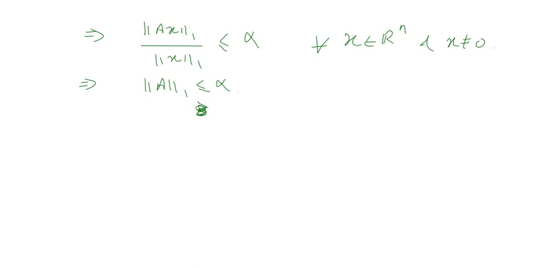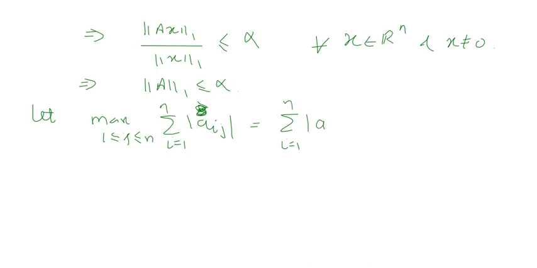So for the reverse direction, let the maximum over 1 less than or equal to j less than or equal to n of the summation i equals 1 to n of the modulus of aij equal the summation i equals 1 to n of the modulus of aij naught. For some j it does exist, so let's say for j naught.